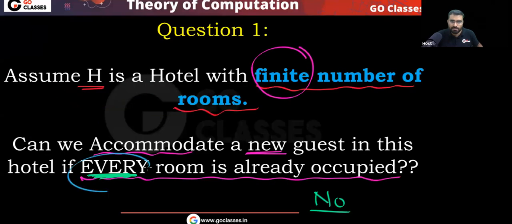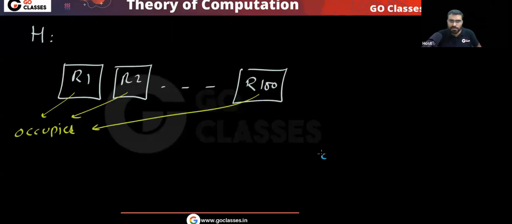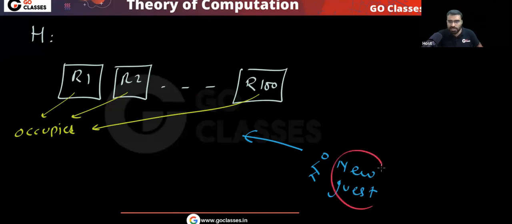If a new guest comes to this hotel, can this new guest get a room? The answer is no. There is no room available. Agree with me? So this is a finite hotel, and your intuition is working because every room is already occupied. So the new guest cannot come. We cannot accommodate. This is the simple point.